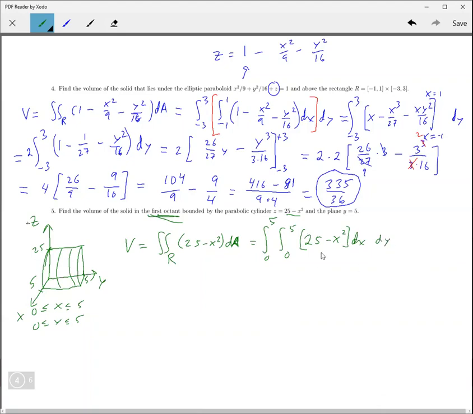Okay, so we're going to integrate in x first, and what do you get? 25x minus x cubed over 3. Yes, 25x minus x cubed over 3, and you're going to evaluate that from x equals 0 to x equals 5.